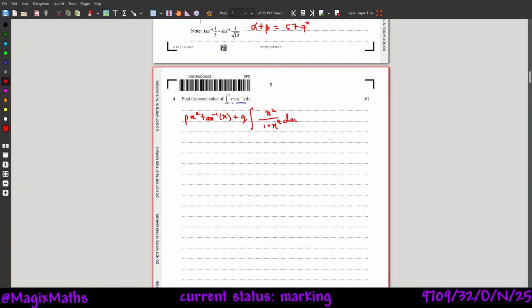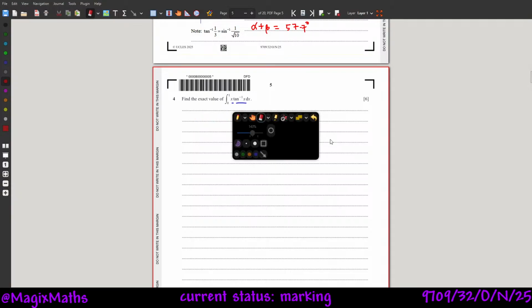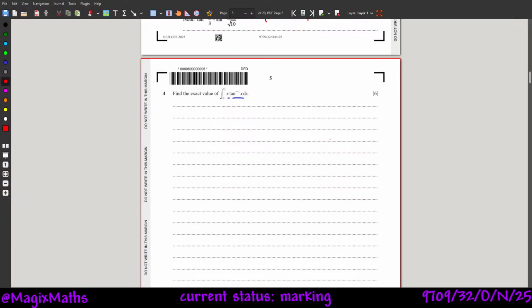Yep, so this is where I got it reversed. Now we're gonna solve it, right?